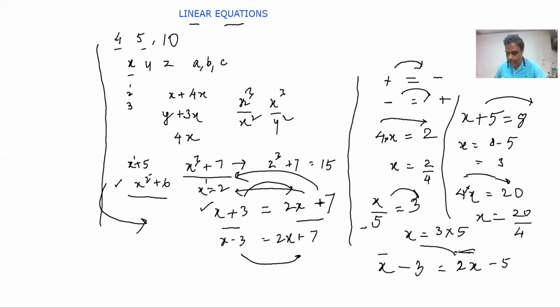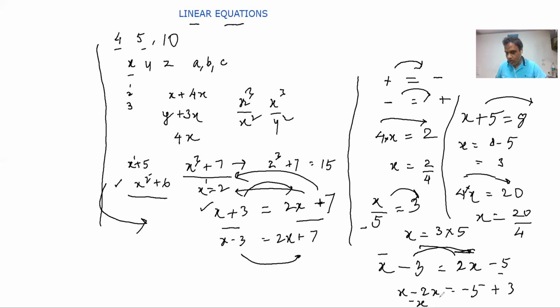Now, if I have to bring it on the left-hand side, this will be x minus 2x, because this is a plus. When it comes across, it becomes minus. And this is a number. I'll take all the constants on one side. This is minus 5. And when this minus 3 comes, this becomes plus 3. Right? So this becomes minus x.